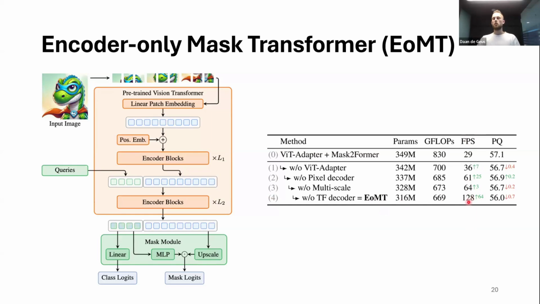Once again, our model is twice as fast as the step before, and now overall, we have a speed up of over 4 times. At the same time, the accuracy is hardly impacted at all. Of course, we see a small drop of like 1.1 PQ, but this is negligible compared to the big speed up that we get.